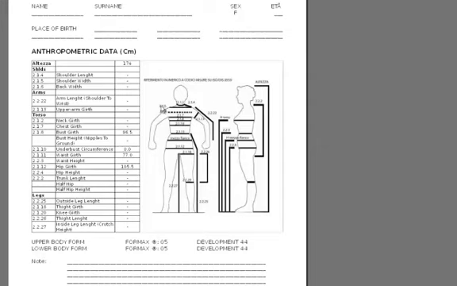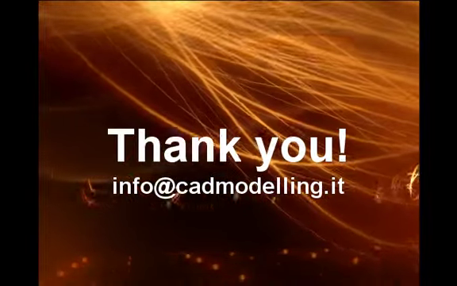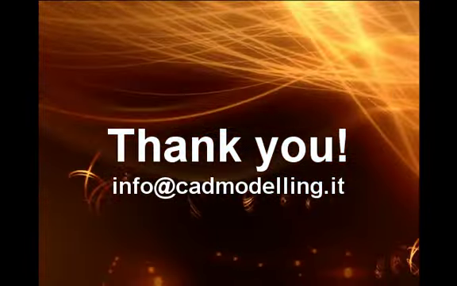And on the right, we have the image where you can see the corresponding measurements with the corresponding points following the ISO norm 8559. And the correspondence in body shapes. So upper body 4, Formax 5, development 44, lower body 4, Formax 5, development 44. Thank you.